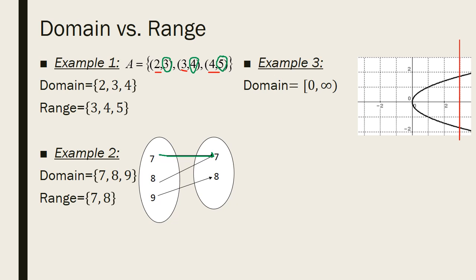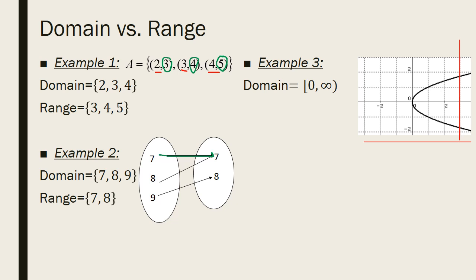Now, to find the range of this graph, I need to do the opposite. I need to use a horizontal line that goes from the bottom of the graph to the top of the graph to identify all possible y values, all possible outputs for the inputs that we have in this graph.